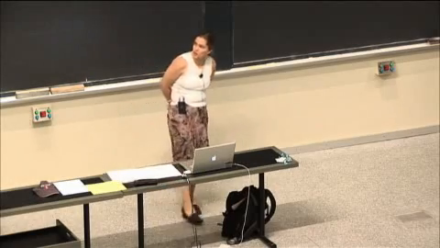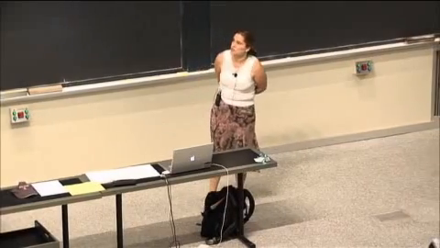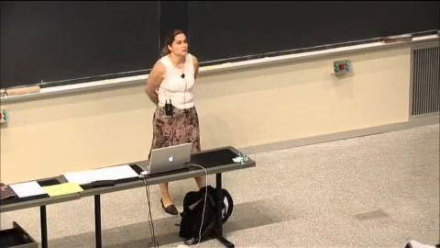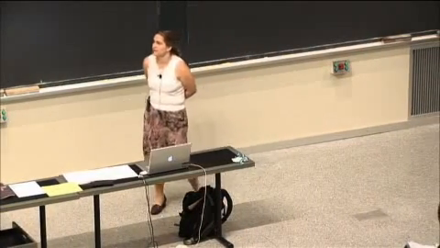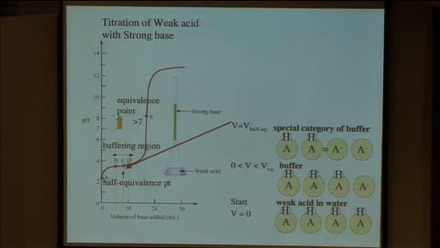Then we have a special category of the buffering region, which is when you've added the volume to get to the half equivalence point. And when you've done that, you will have converted half of the weak acid to its conjugate base. So you'll have equal number of moles of your weak acid as moles of the conjugate base. Half has been converted. And so that's a special category right there.